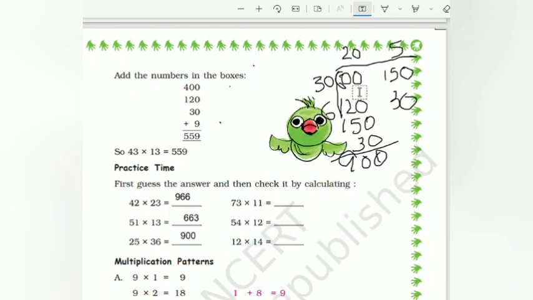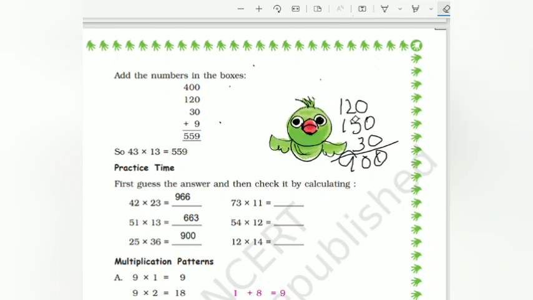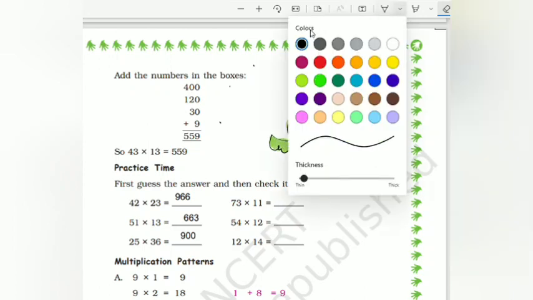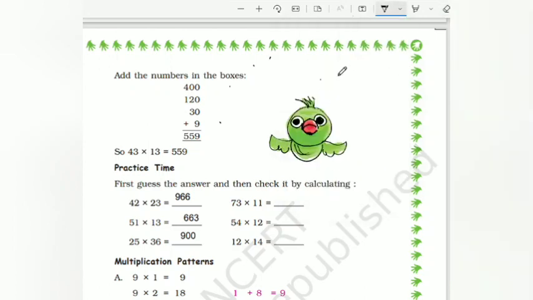73 into 11. How to write that? I'm going to rub this. See this video 2 or 3 times. Okay. Then you will be able to do it fast. 73 into 11. How to draw that? A column is created. 70, then 3. 11 can be written as 10 plus 1.